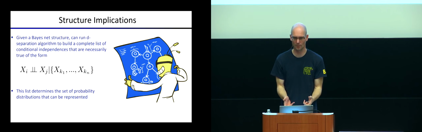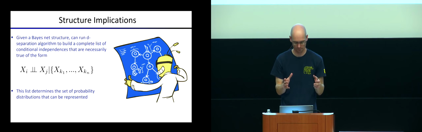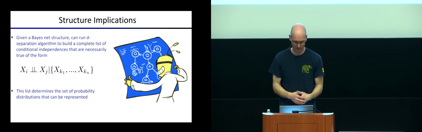You could write a computer program that, given a Bayes-net structure, finds all the paths in the graph, checks the triplets along each path, and then checks whether or not each triplet is active, and then based on that decides whether or not there exists an active path. And if there is an active path, then it says cannot claim anything. If there's no active path, it says independence. So we can do that programmatically now.